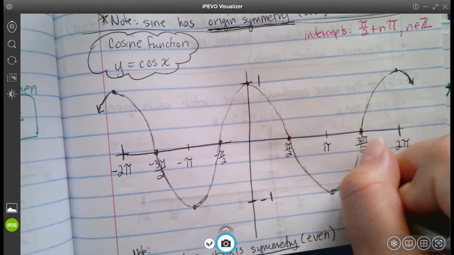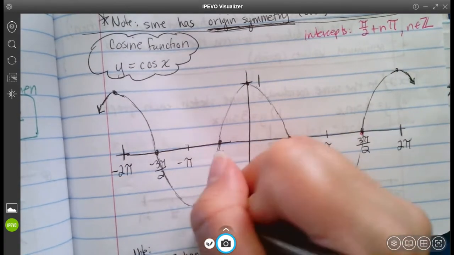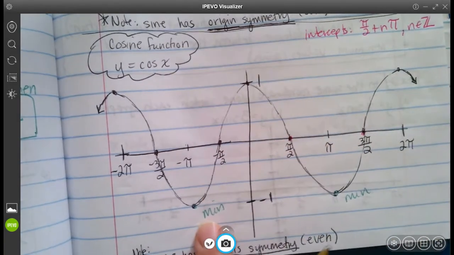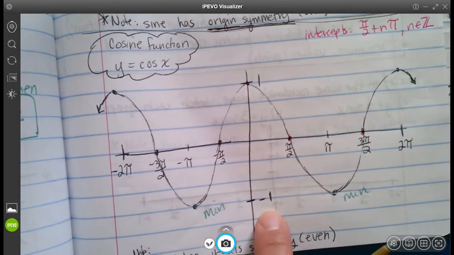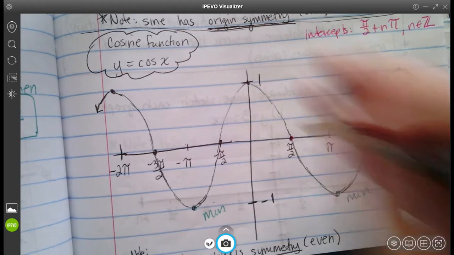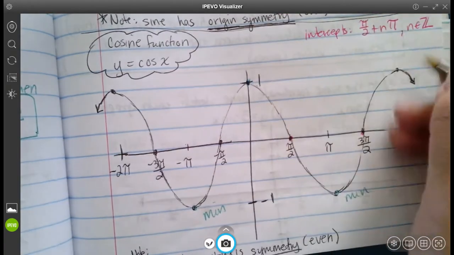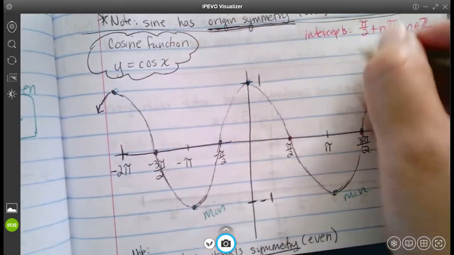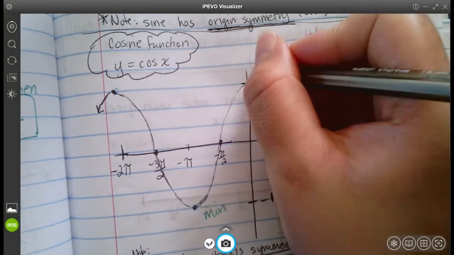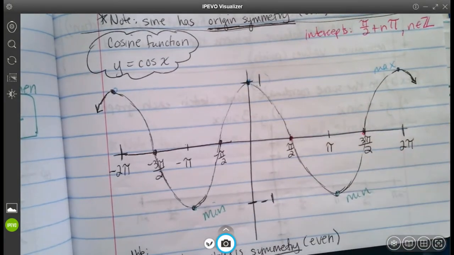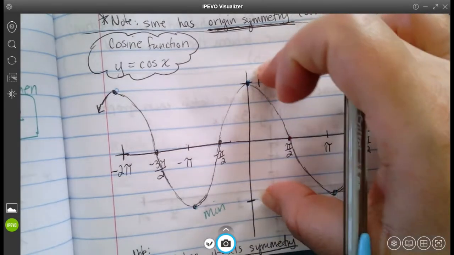So here we have a min. Here we have a min. Notice that these mins are also going down to -1, and our maximums up here, and up here, are topping off at +1. So both of these functions are basically oscillating between -1 and 1.